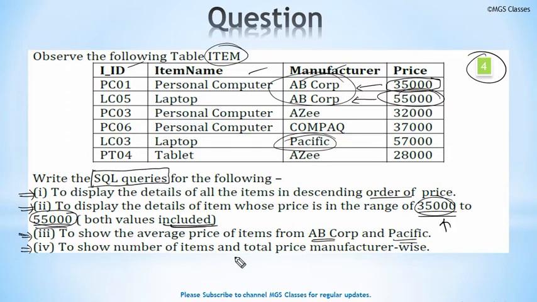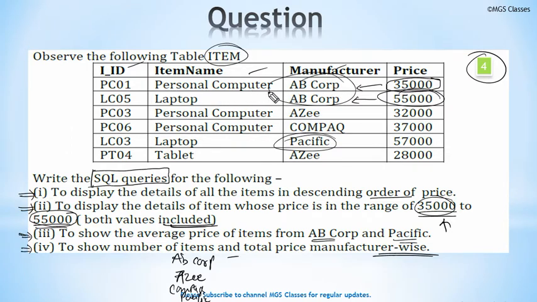To show the number of items and total price manufacturer wise, here you need to write the output. First you need to write down the manufacturer, like AB Corporation, AG, Compact, and Pacific, and how many items there are manufacturer wise.